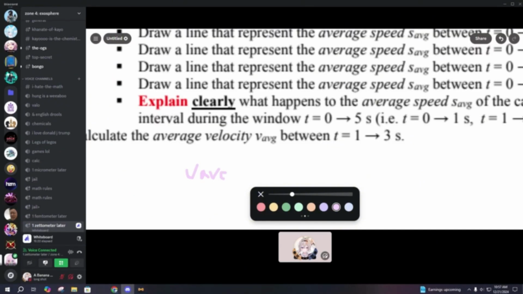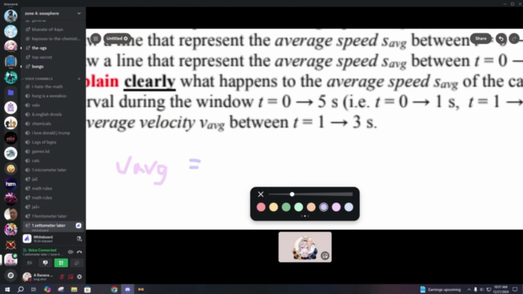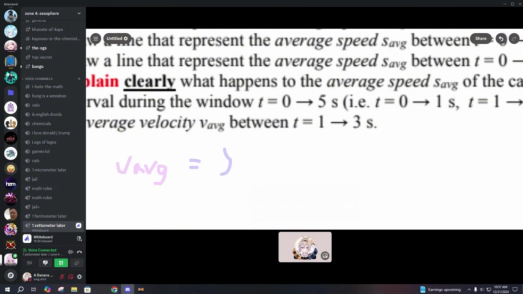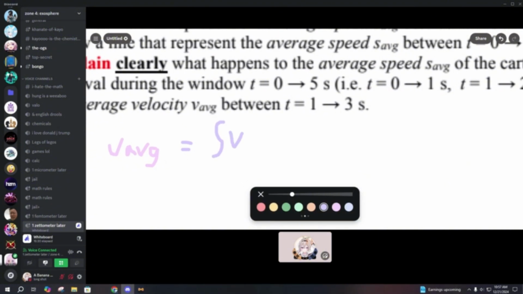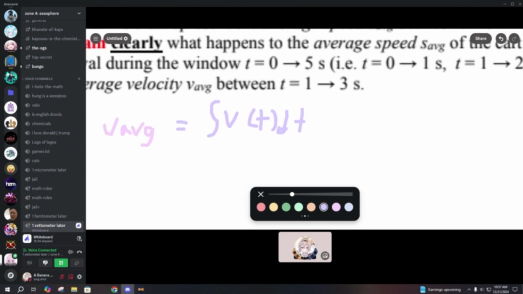And then they want the average between 1 and 3. Well, the average between 1 and 3, it's just going to integrate velocity. And then over that time frame, because this is the change in position, displacement, from 1 to 3, and this would actually be 3 minus 1, which is equal to 2 seconds at the bottom.